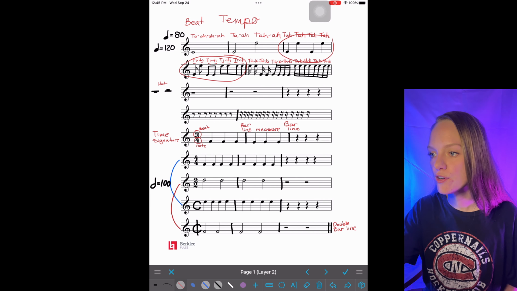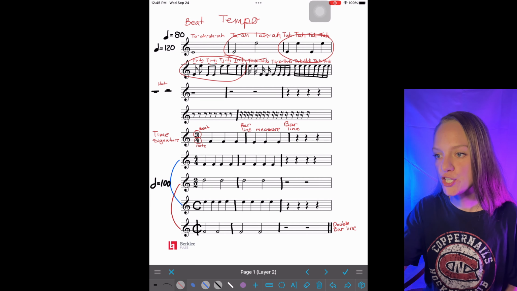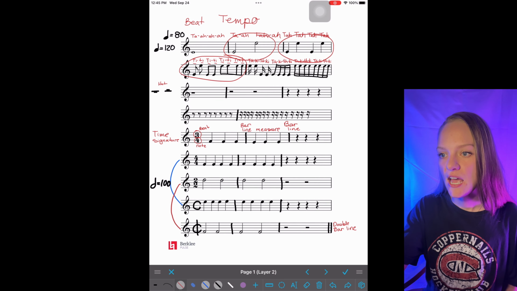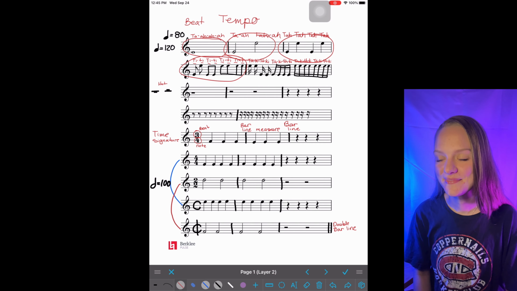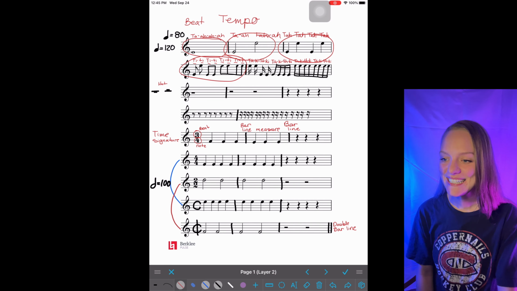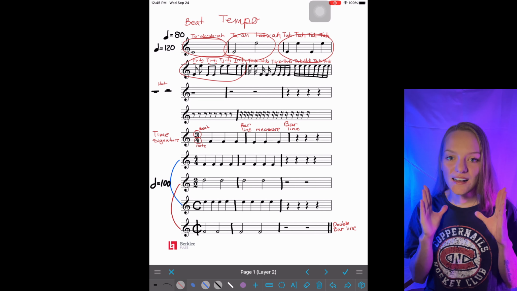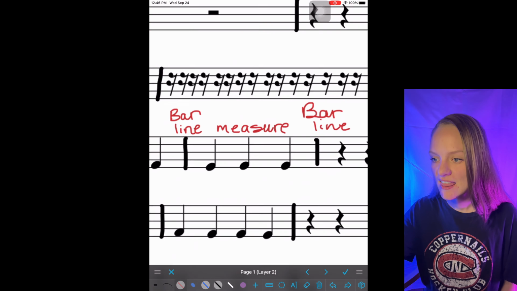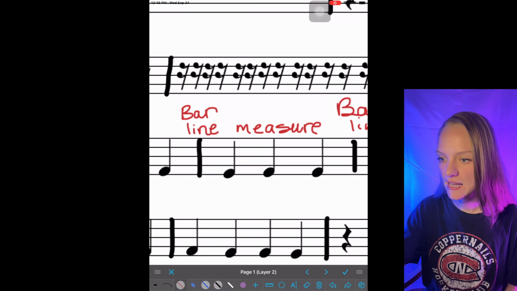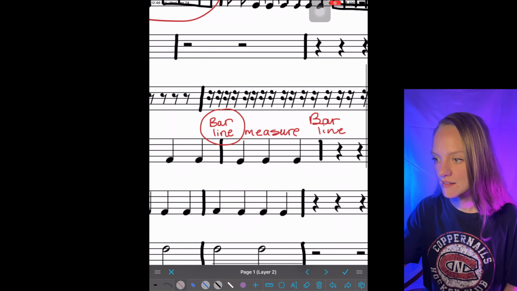There are 4 quarter notes in this measure. There are 2 half notes in this measure, and there's 1 whole note in this measure. A measure, by the way, is a subdivision of music. It is a small segment of your music that is divided by bar lines.